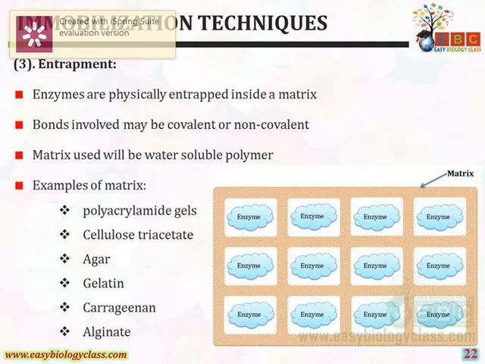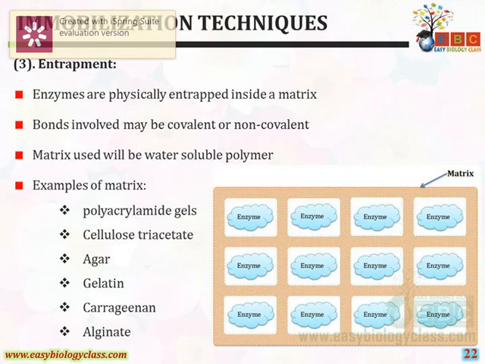This is the third method, physical entrapment. Entrapment means we can trap the enzyme molecules. Here enzymes are physically entrapped inside the matrix. This is a very nice figure explaining that all the enzyme molecules are entrapped in their matrix structures. The bonds involved may be covalent or non-covalent.